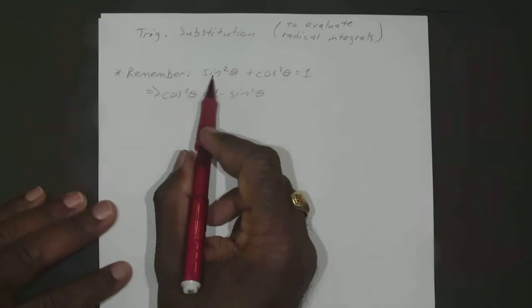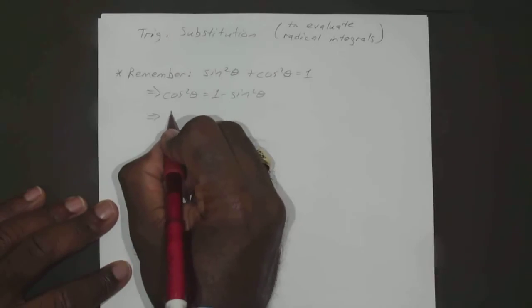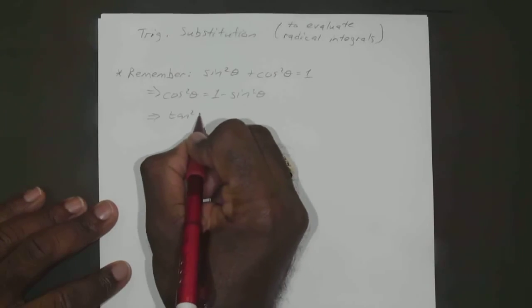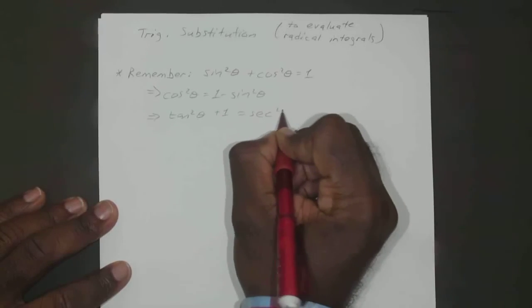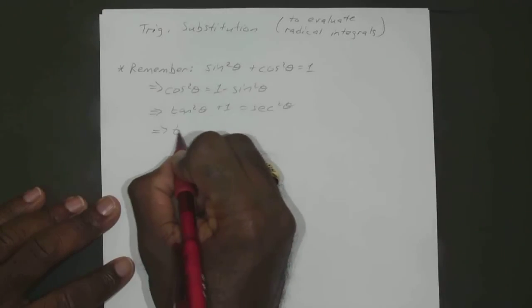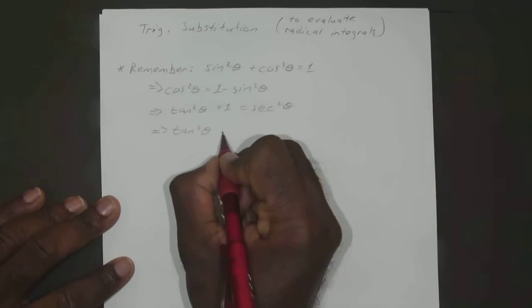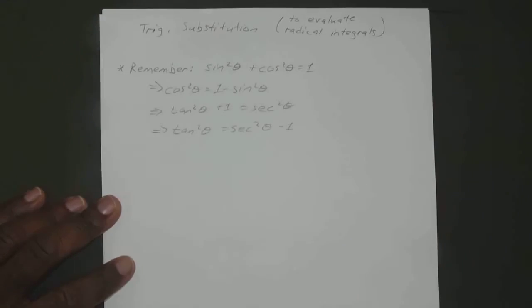Which means if you divide all those by cosine squared, tangent squared of theta plus 1 equals secant squared theta. And also, tangent squared of theta equals secant squared of theta minus 1. Okay, you remember those, it all kind of falls into place.